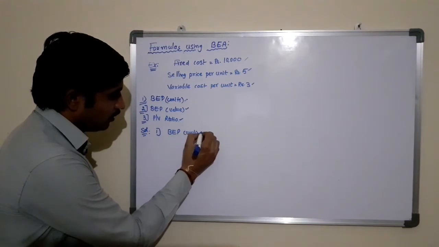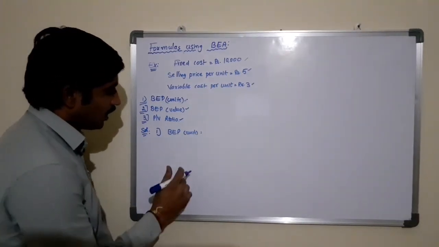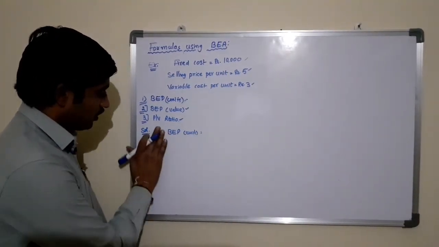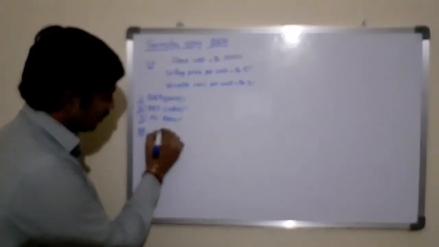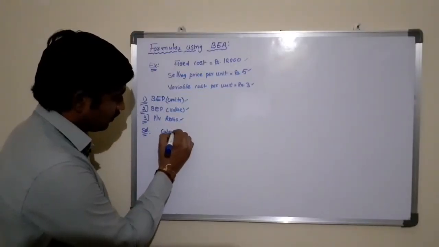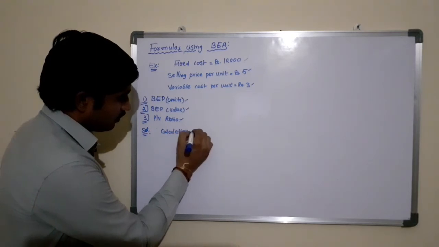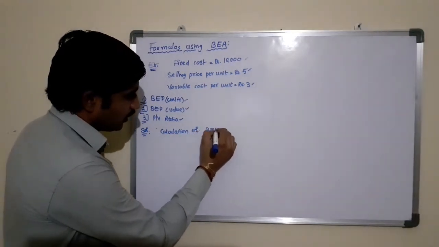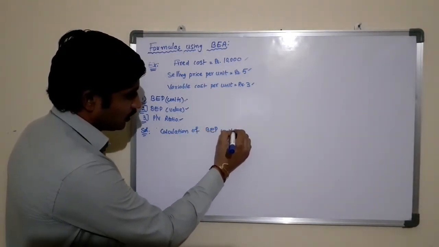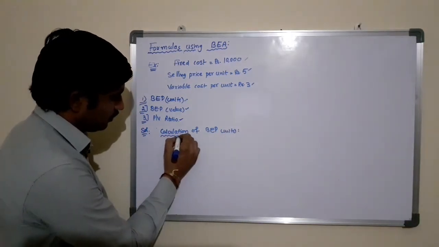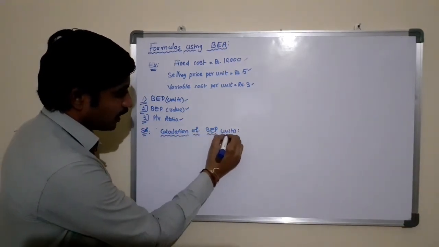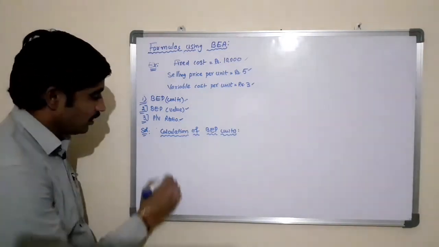The first one is to calculate BEP units. Calculation of break-even point in units. What is the formula for calculation of break-even point in units?